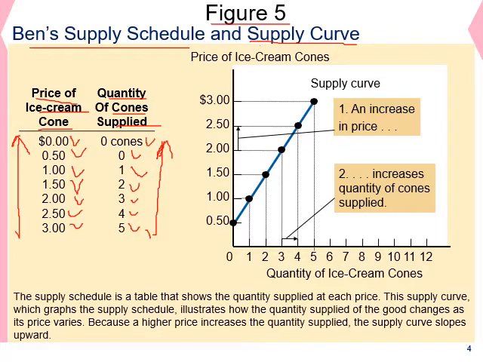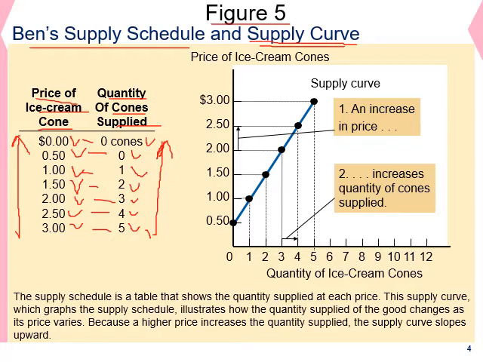The supply curve is a graphical representation of the supply schedule. All seven points of the supply schedule will be represented on the graph.